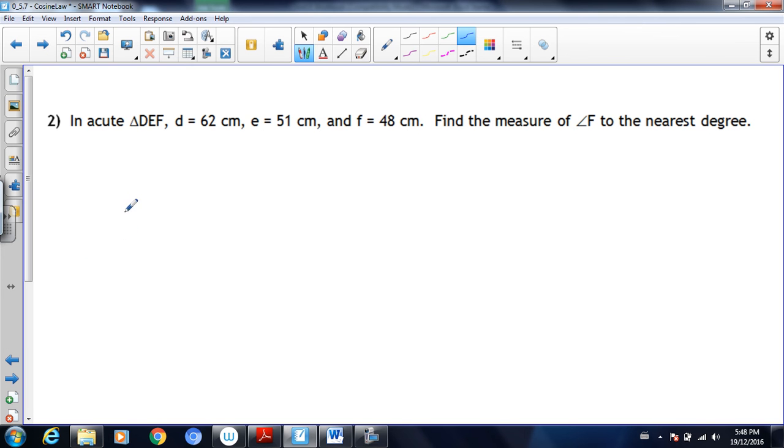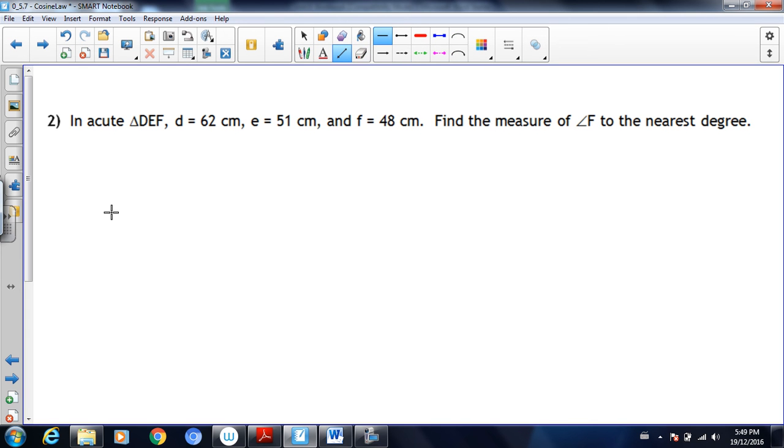In acute triangle DEF, side d is 62 centimeters, side e is 51 centimeters, and side f is 48 centimeters. Find the measure of angle F to the nearest degree. So we have three sides. Let's draw this out.